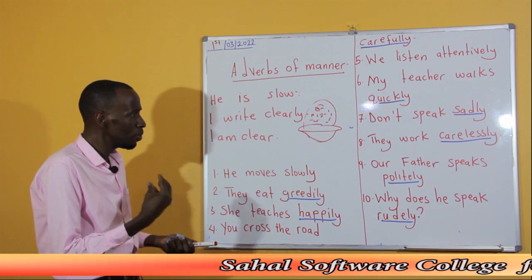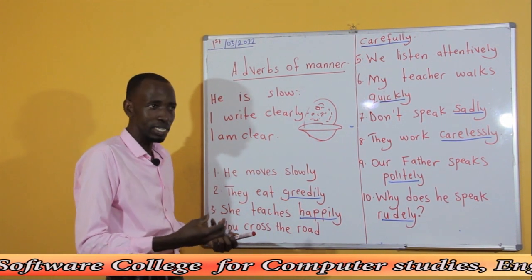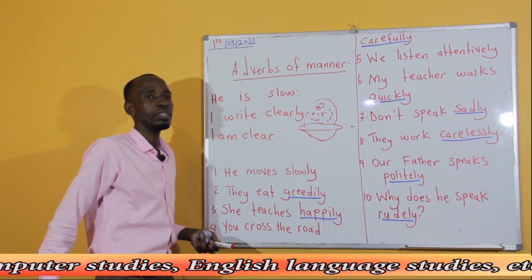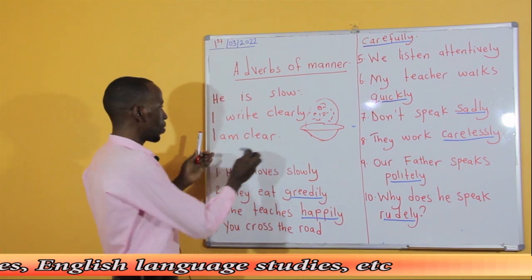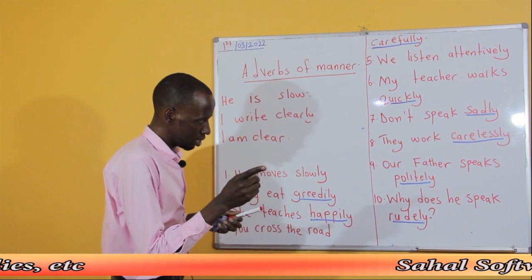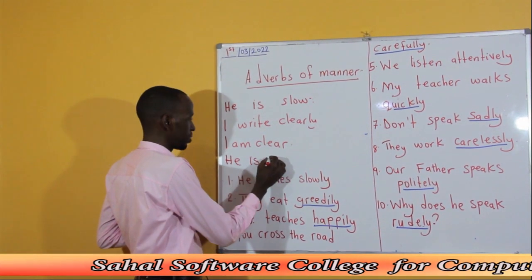So this is the way how you eat. So when you're talking about the way you are eating, that's when you use greedily. Now, if I want to talk about the person, I will say, do you see that man? He is greedy.